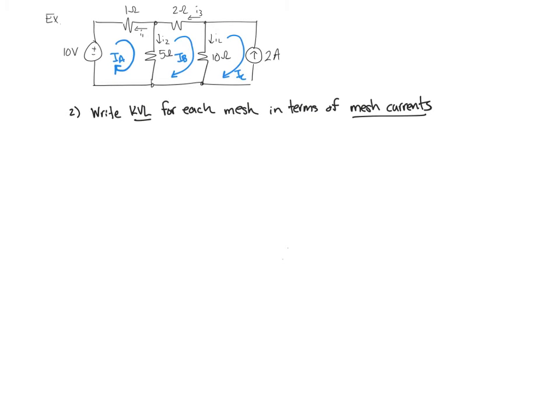So KVL for mesh A, again, my convention, and you don't have to use this one necessarily, is I'm going to go firstly with the direction of the current that I defined, IA. You can ignore at this point the branch currents. They're irrelevant because we've already figured out how to relate IA to I1, I2, I3, and I4, for example.